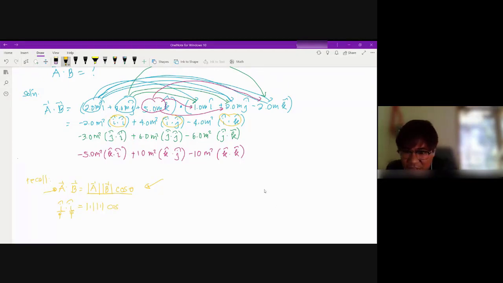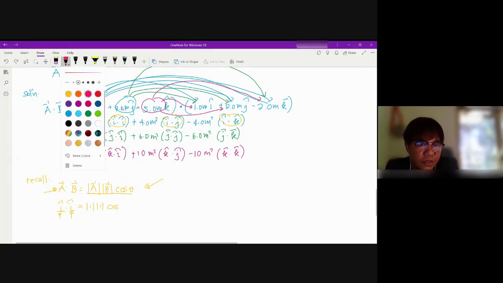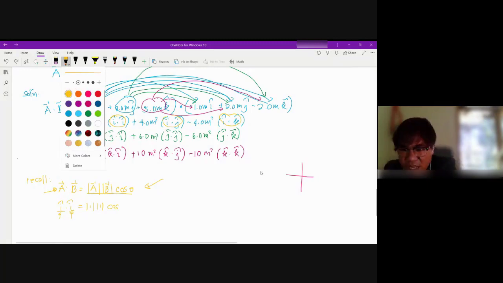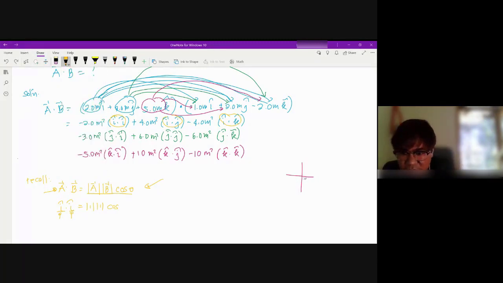Now, what's the angle between the two? So if this is your xy axis, the i hat is along the positive x-axis side. So I drew the first unit vector, which is this.